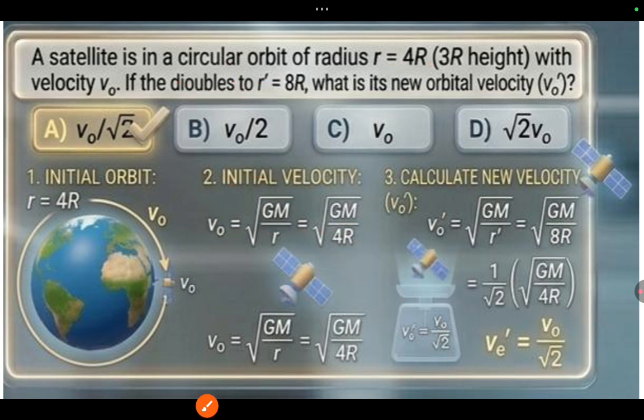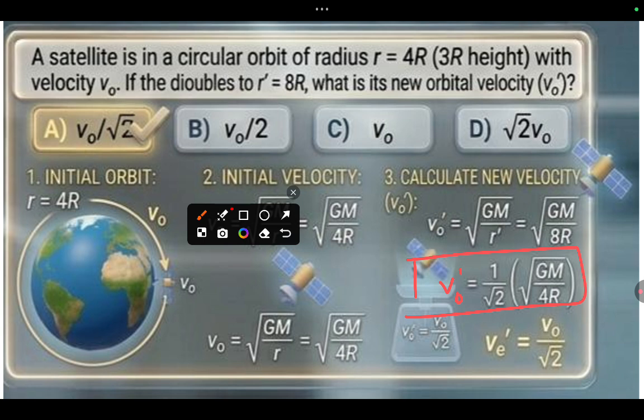Let me clear one thing. Okay, first you come to here. This is about the new orbital velocity. So your options are what? In terms of the escape velocity, they are asking, I think so. V E equal to root 2 GR. Clear?